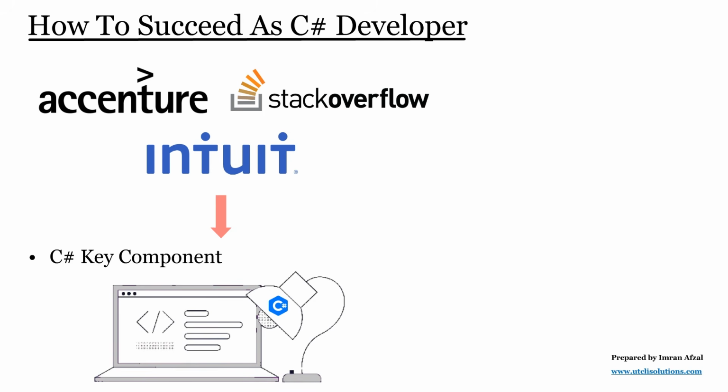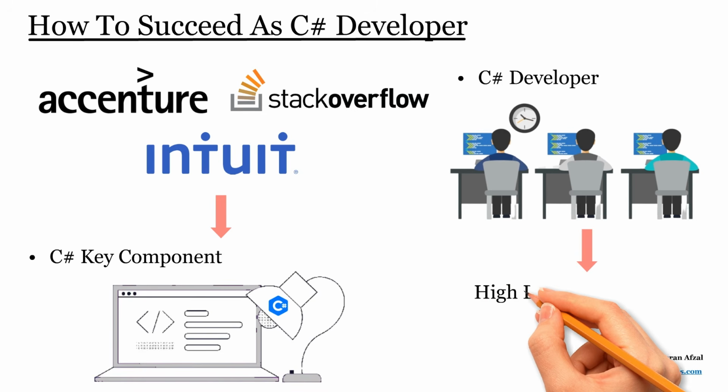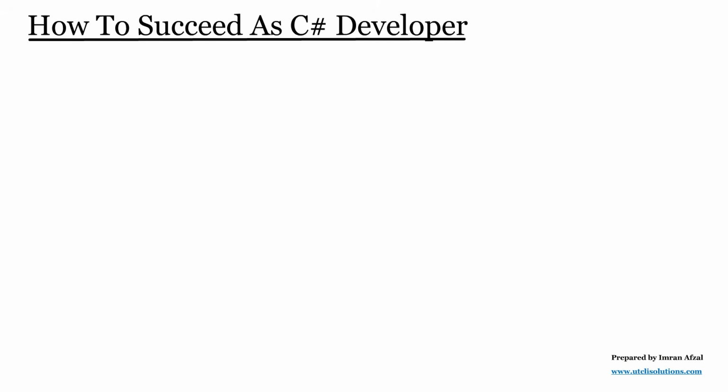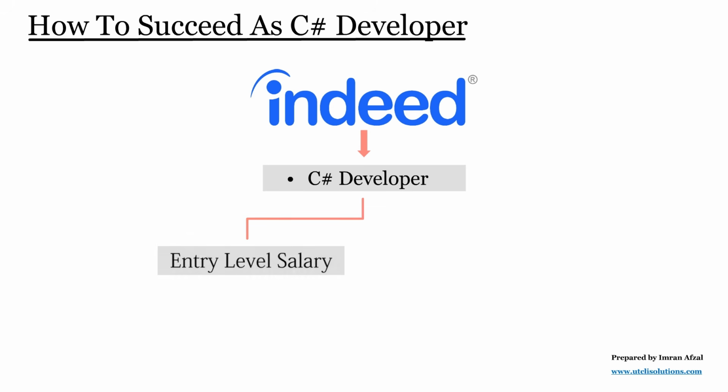It is no surprise that highly trained and skilled C Sharp developers are in high demand with attractive salaries, of course. According to Indeed.com, the average base pay for an entry-level C Sharp developer is around 150,000 US dollars per year.